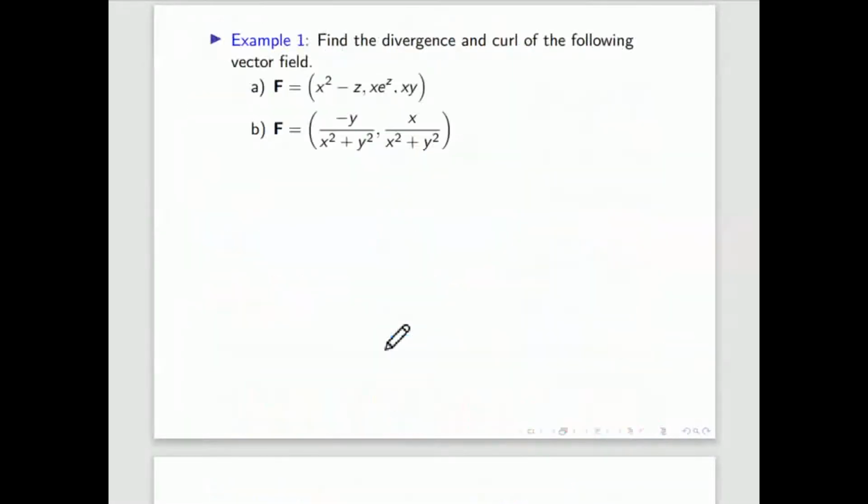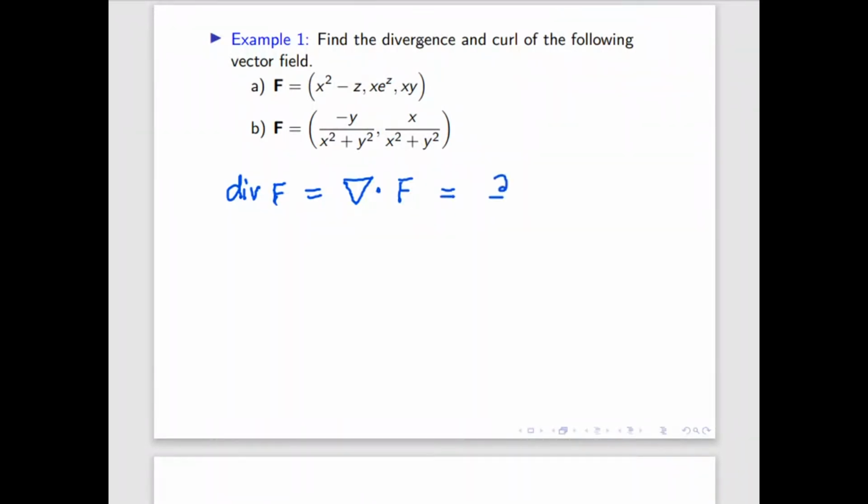So now we'll do an example based on this. The question is: find the divergence and curl of the following vector field. It definitely has three components, the i-th, j-th and k-th. So I will use the definition of the divergence. The divergence of f means the del operator dot product with f. For curl it is the cross product.